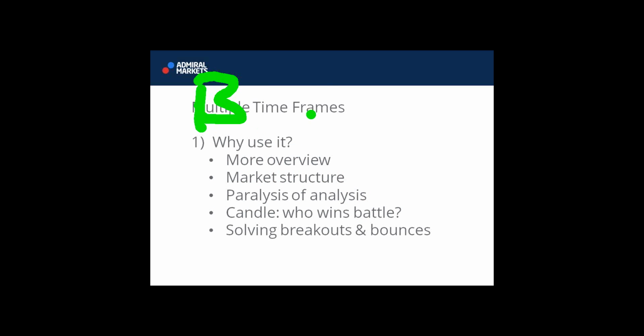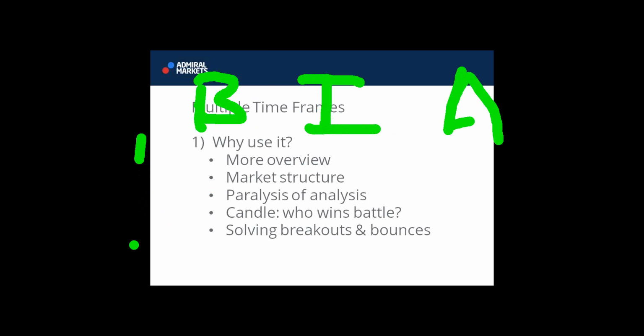Beginning traders, intermediate traders, and advanced traders. This is one time frame, and here are all the time frames. Let's see, about 7, I guess: monthly, daily, 4 hour, 1 hour, 15, 5.